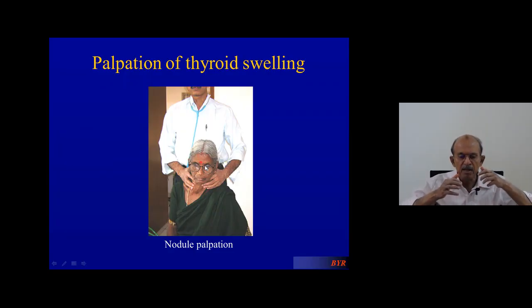What will be the intention of the patient? Usually, whenever you are examining, they want to expose most of the neck. So they try to extend and show you the whole mass. They always feel that when they flex their neck, the swelling gets concealed.